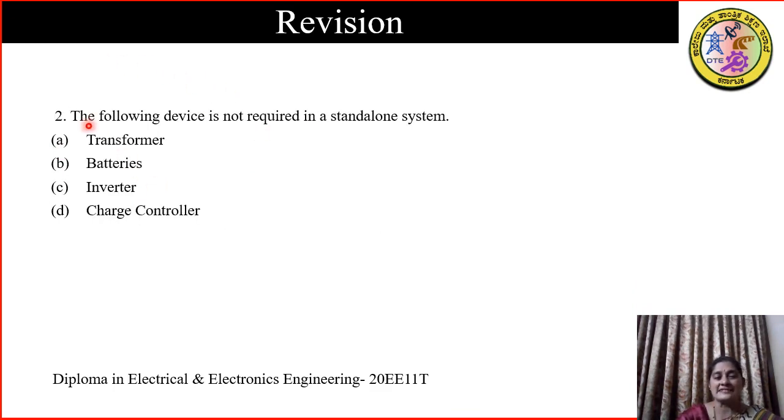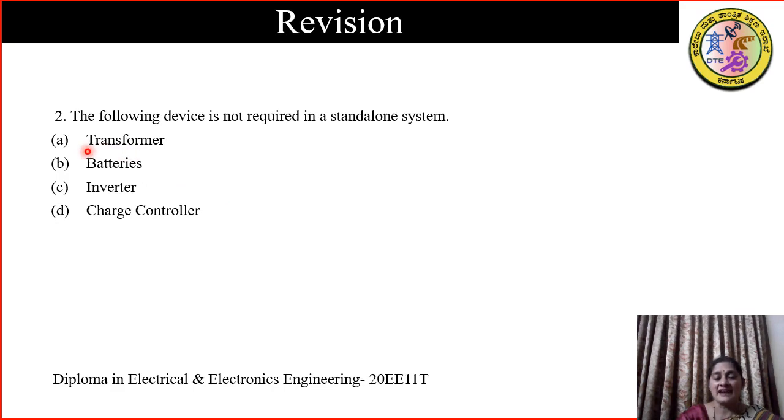Let us go to the next question. The following device is not required in a stand-alone system. You have four choices: transformer, batteries, inverter, and charge controller.